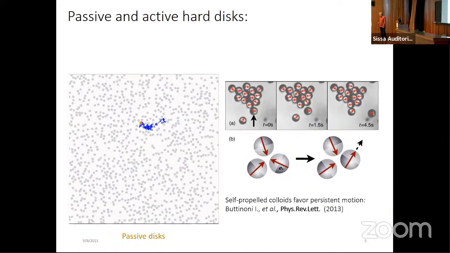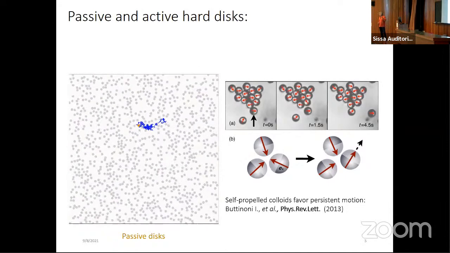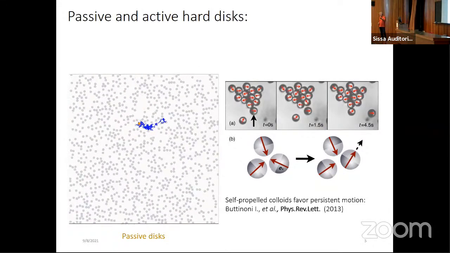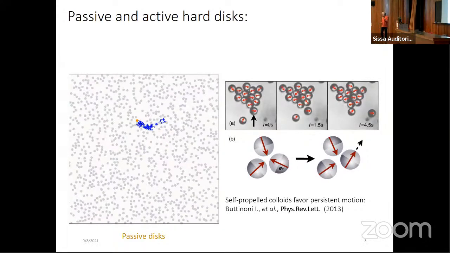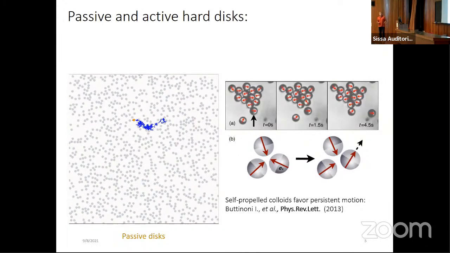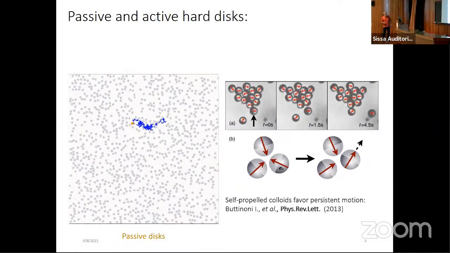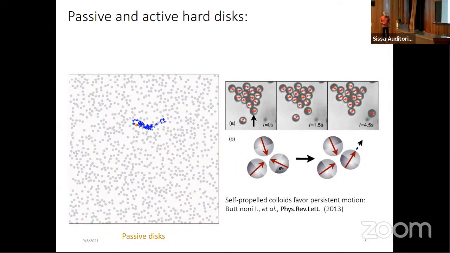And what we want to consider in this talk is an active version of this system already introduced today, not so different from the active Ornstein-Uhlenbeck particles with interaction seen in the morning. But in the morning, we only considered, in some seminar, single particle behavior. So the particles that we have in mind are disks like this that have also another degree of freedom, which is a polarization. This polarization evolves in some way, for example, by diffusive rotative behavior.